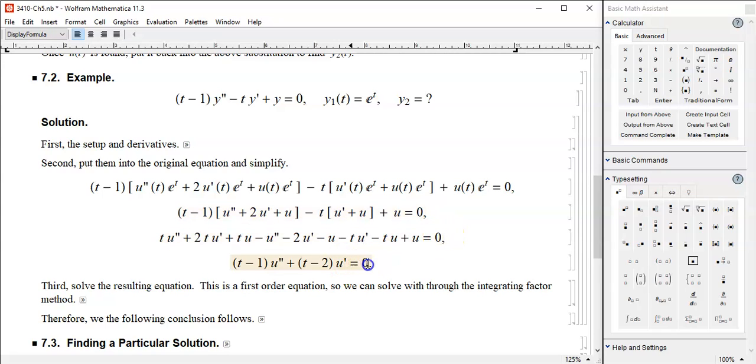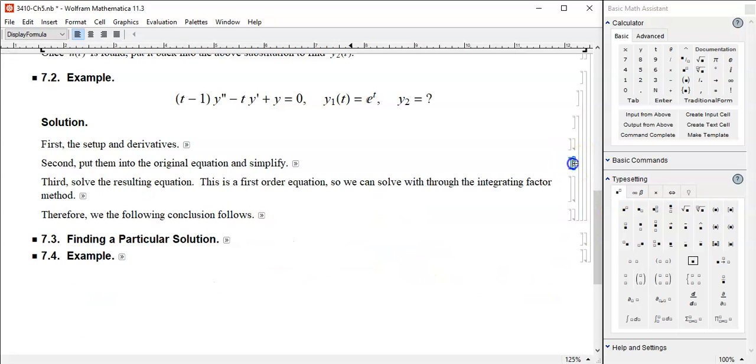Simplify, further simplify. What do you get? You get a second order linear equation, but it's not really second order. It's actually a first order equation of u prime. You can do it through an integrating factor. As for the integrating factor, I'm really tempted to stop here and then use the integrating factor to complete the problem.